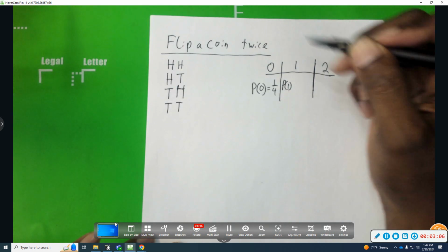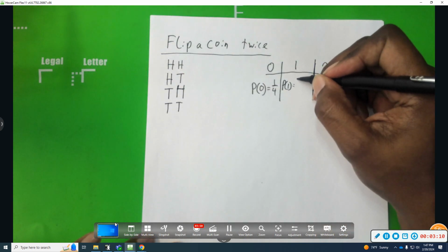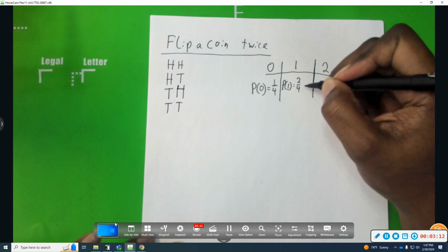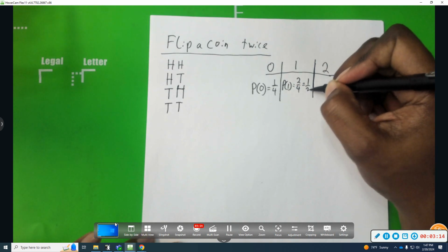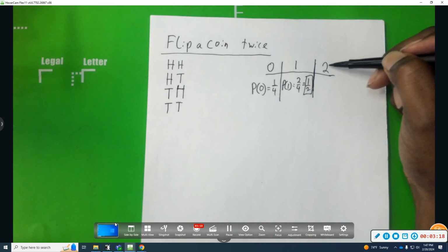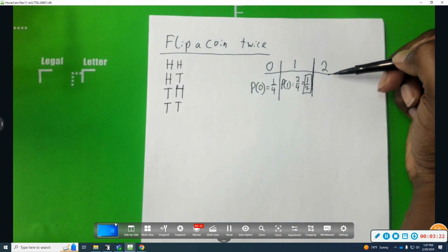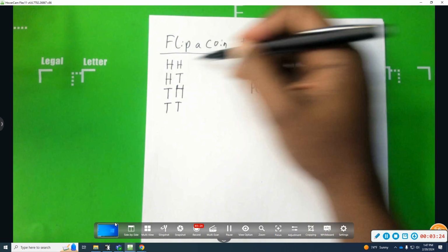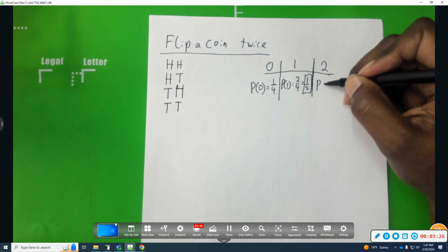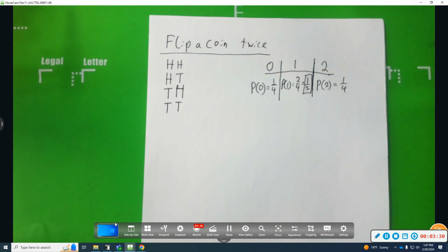Probability of 1. There's 2 of them out of 4, so we can say 2 out of 4. Or we can reduce that and say 1/2. Okay, that's going to be the better option, 1/2. And then the third option is I can get 2 heads when I flip a coin twice. So if that's the case, probability that we get 2 heads is again 1 out of 4.